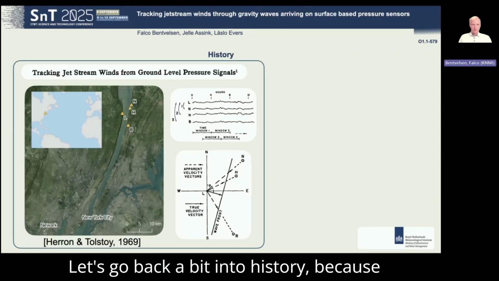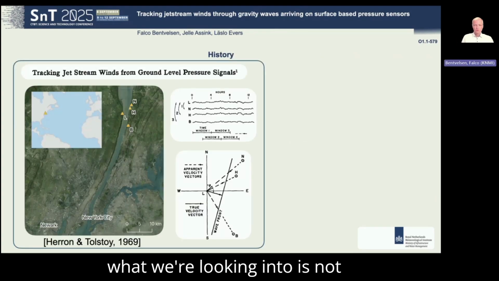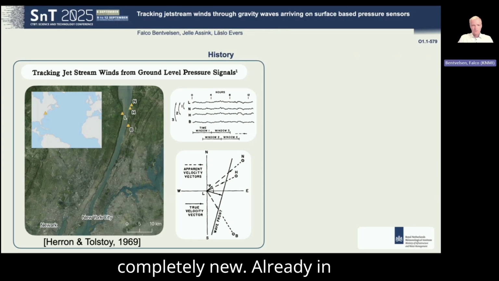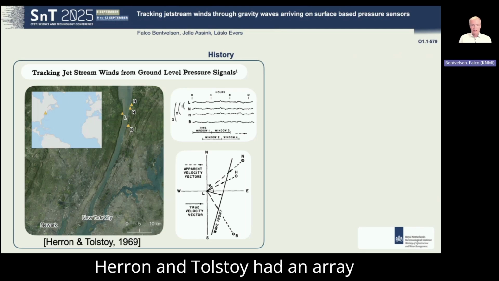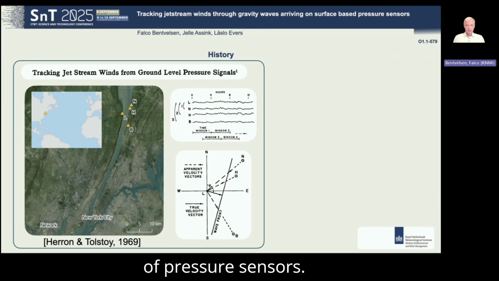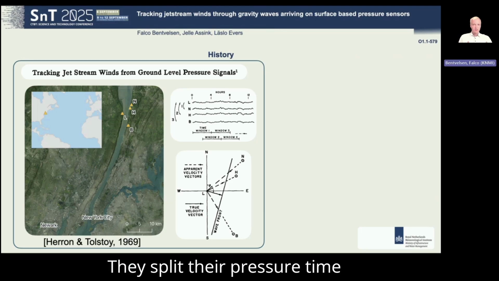Let's go back a bit into history, because what we're looking into is not completely new. Already in 1969 in New York, Heron and Tolstoy had an array of pressure sensors, and they split their pressure time series into 4-hour windows.